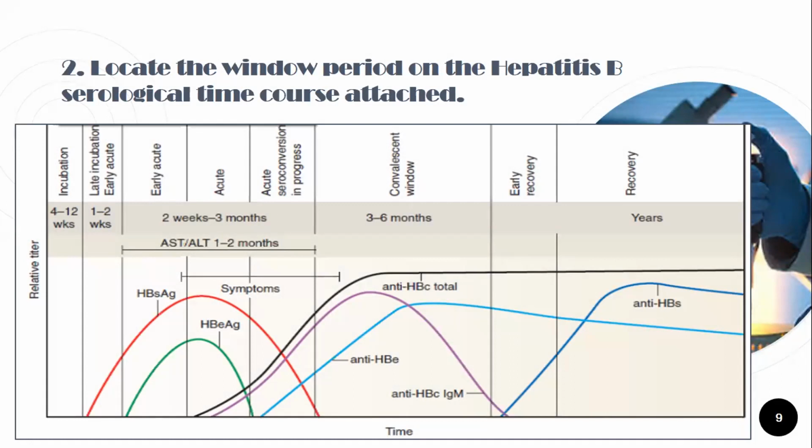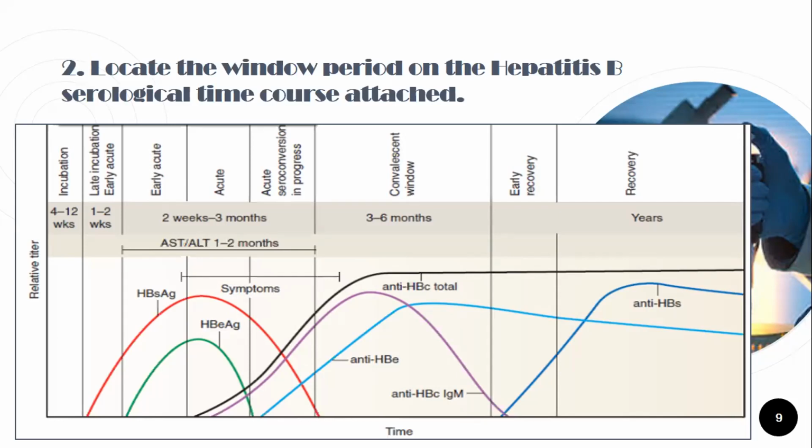In your convalescent window, as you can see here, there is a negative Hep B surface antigen and Hep B surface antibody, because in your core window, only your HBc IgM is the serological marker of HBV infection during this window. Thus, HBc IgM is usually regarded as a marker of acute HBV infection in this window.